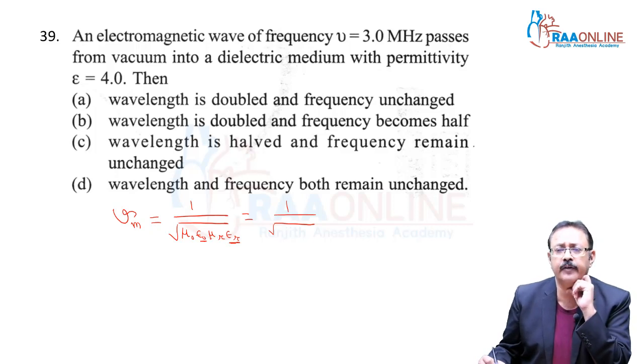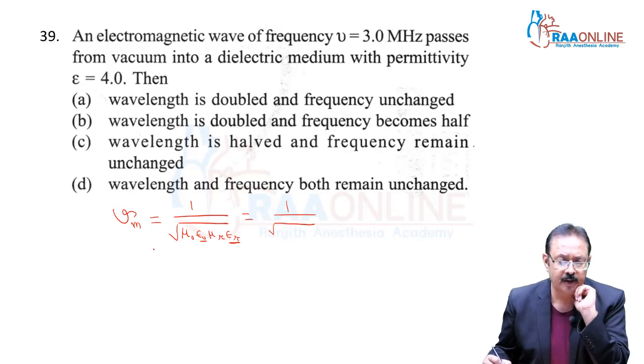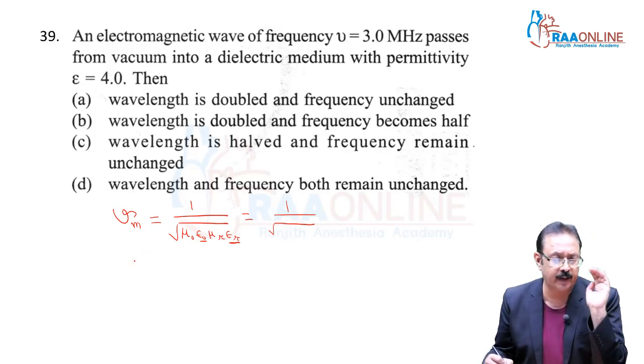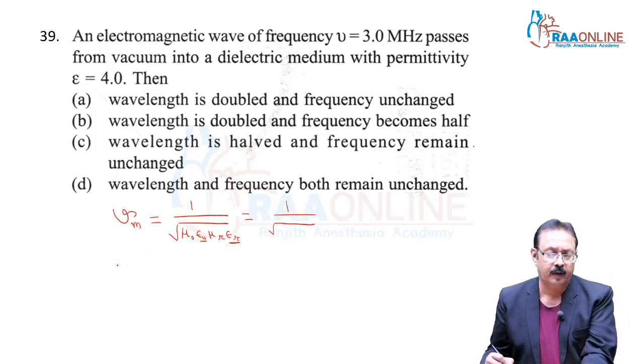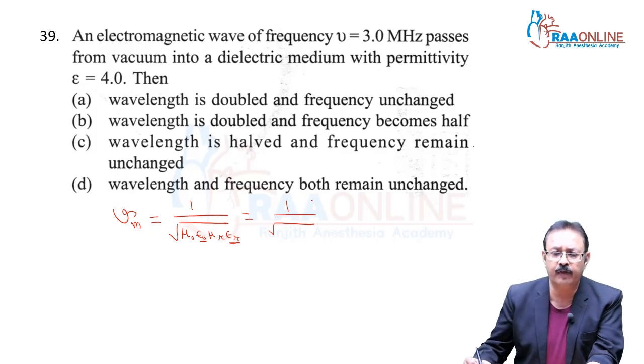So what is the effect of this? Frequency will be unchanged, but that factor 4 is coming now. 1 upon under root mu naught epsilon naught means speed of light. We remove that; this is mu naught epsilon naught, the speed of light, over mu r into epsilon r.